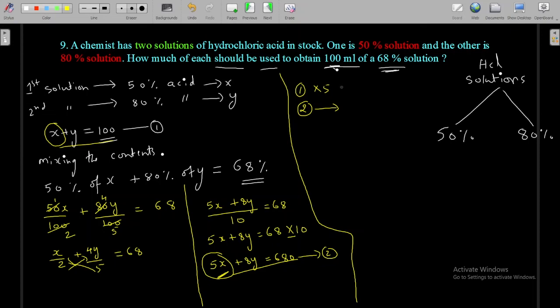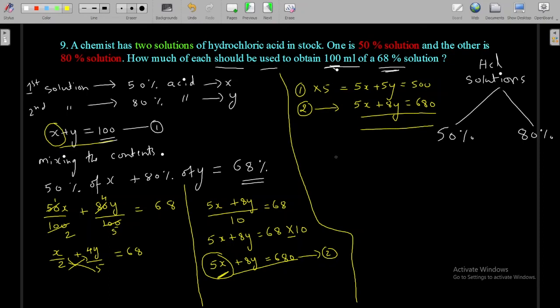But I will multiply the first equation by 5. So I will get 5x plus 5y is equal to 500. Second equation as it is. 5x plus 8y is equal to 680.